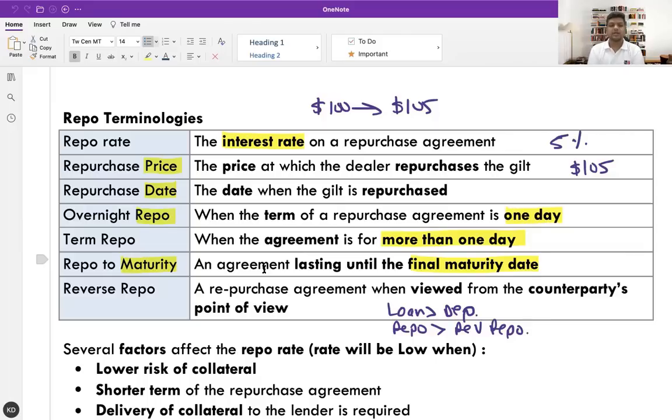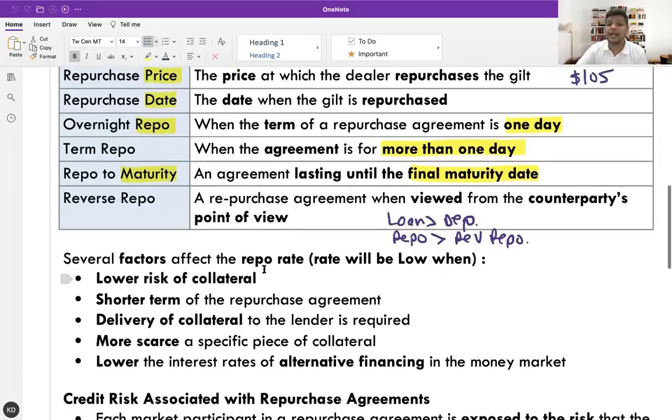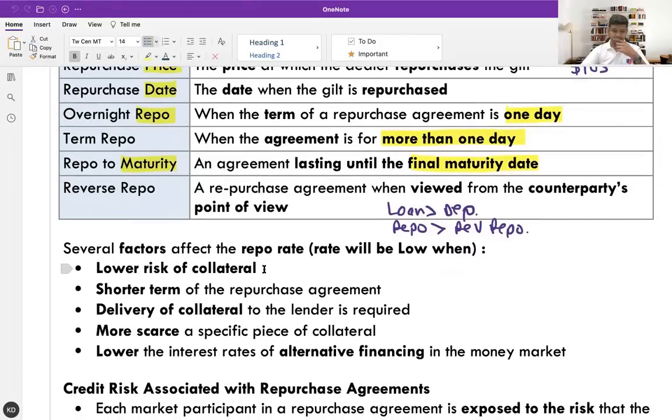But as I said, repo is relatively less risky. Why? Because of the collateral provided. Second, because of the shorter term. Third, if the collateral is also transferred to the lender's account, then the lender will be more secured. So there are two ways: I'm saying that I have a collateral, or I'm giving you a collateral.